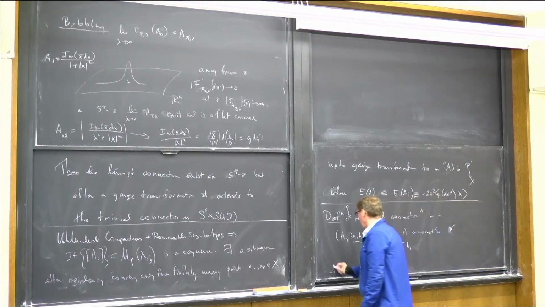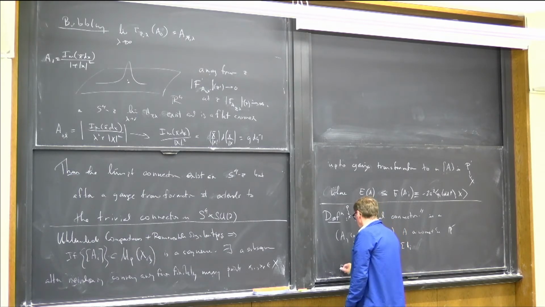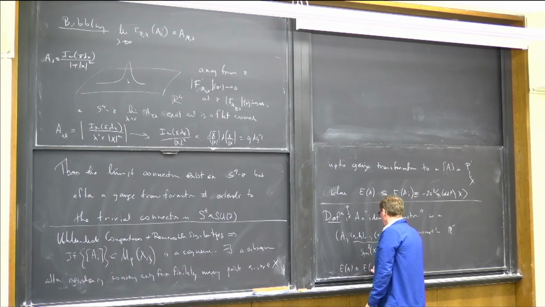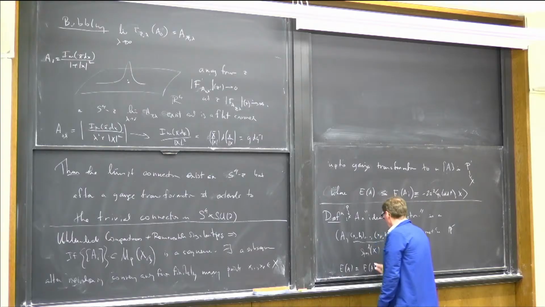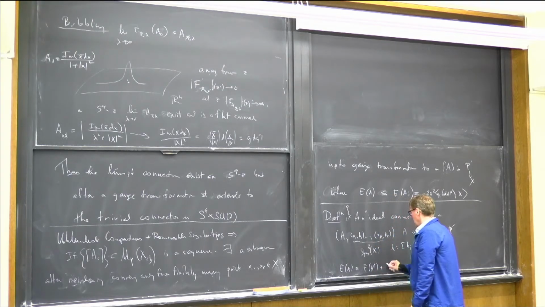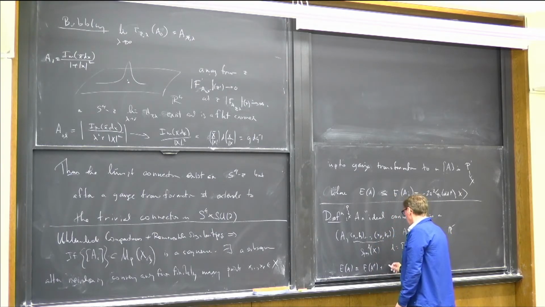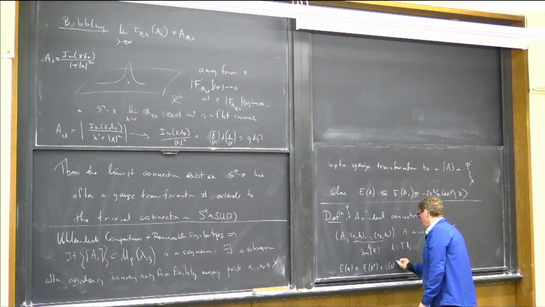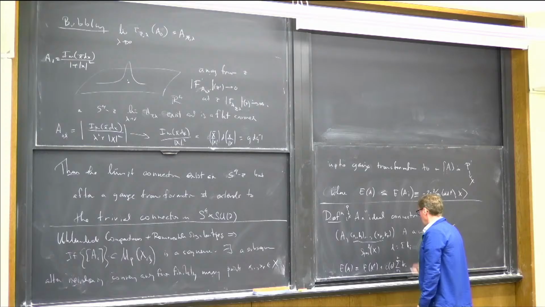Well, I want the energy of A to be the energy of A prime plus some constant that depends on G times the sum of the K_i's.